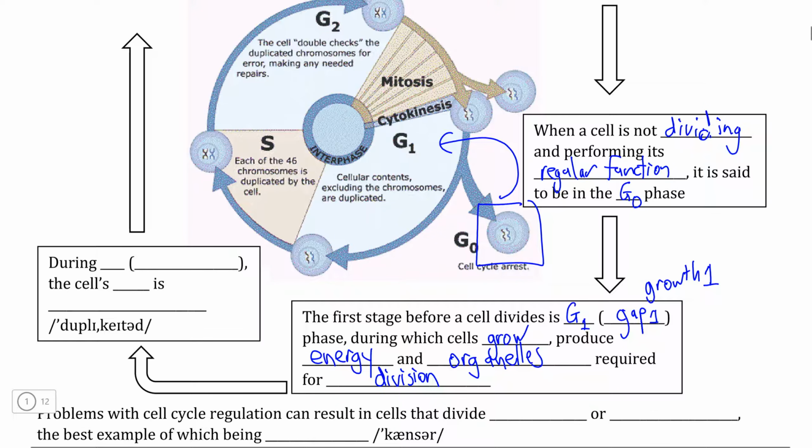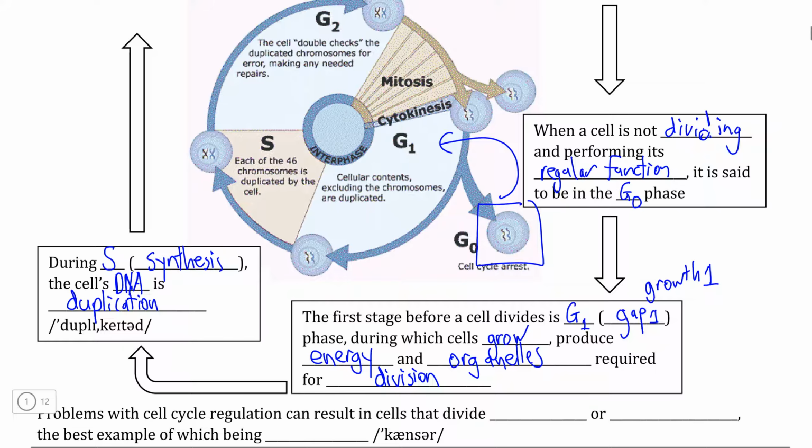Now, one thing that you'll notice that is not copied or produced during the G1 phase is the cell's DNA. In fact, there is an entire phase specifically devoted to the duplication, that being making 2 copies of your DNA, and this is what we call the S phase that occurs after G1, which is what we call the synthesis phase.